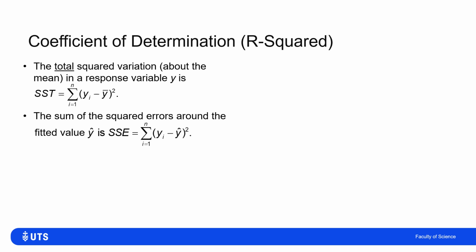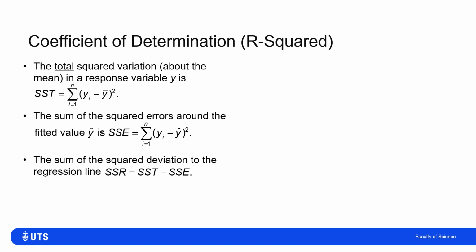Now if I've got a model, I can calculate the same thing, but rather than calculating the difference between each observation and the mean of that variable, I calculate the squared error around the model, so yi minus the predicted y hat squared. And that's SSE.